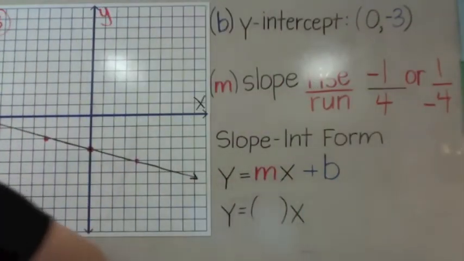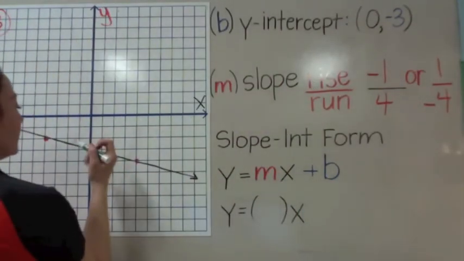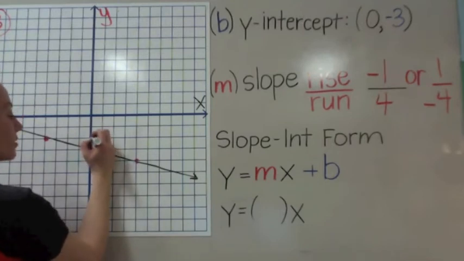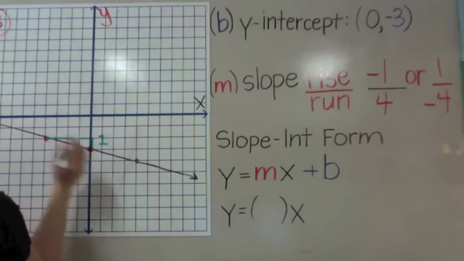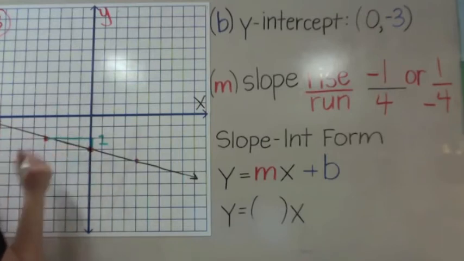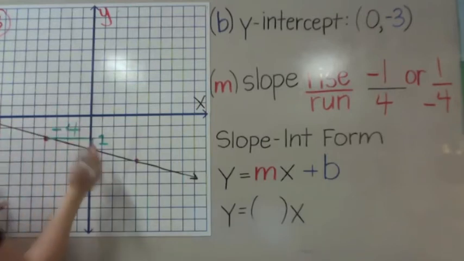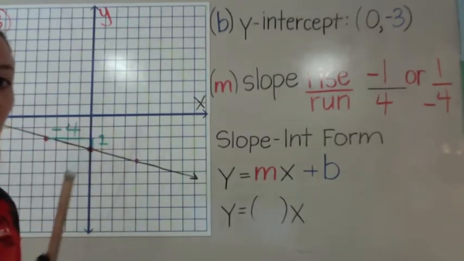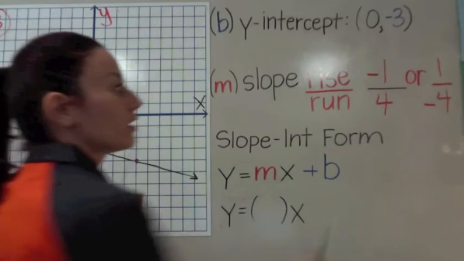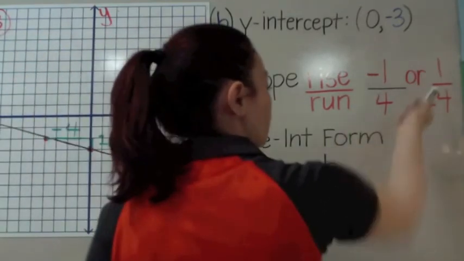Watch. We're going to rise up 1. Yeah, positive. That makes sense. We're rising up 1, and in the negative direction, moving over 1, 2, 3, 4 units. -4. So that's rising up 1 and to the left 4. That's why slope can be -1/4 or 1/4.